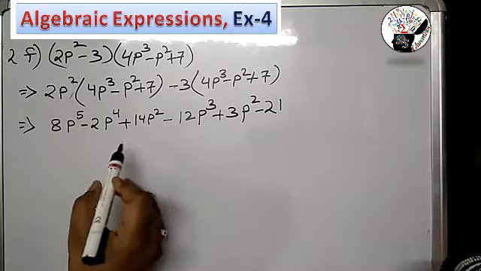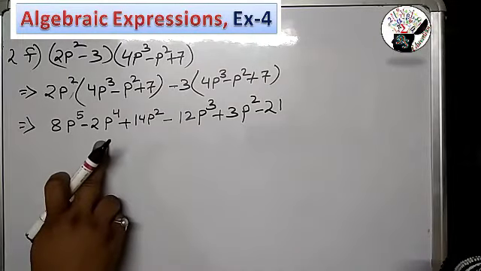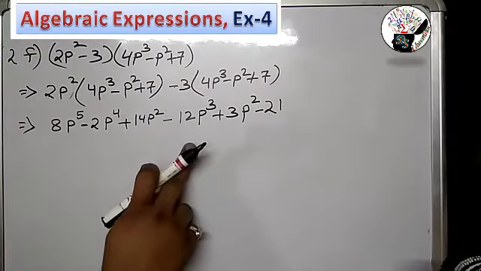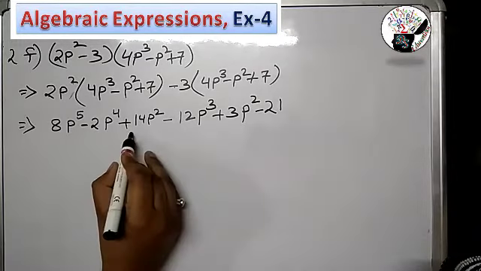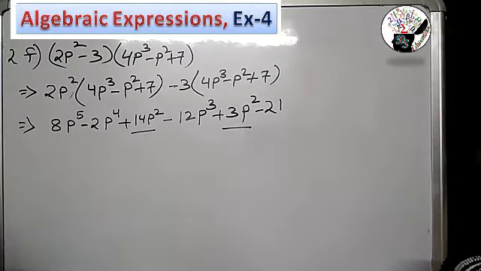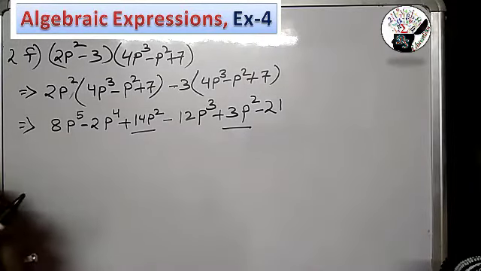Again we will see over here, this is 2p cube, 4p square and this. So what we will do, this 14p square and 3p square, we have to see if there are like terms, we just solve those like terms and then rearrange the expression to represent the answer.